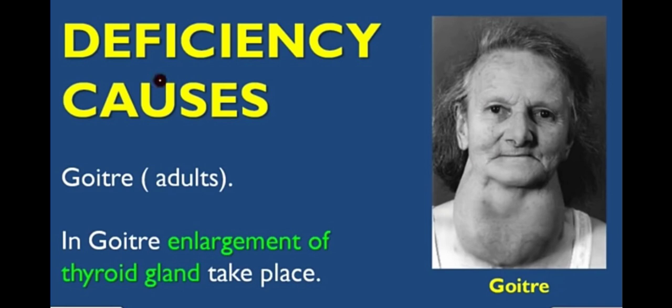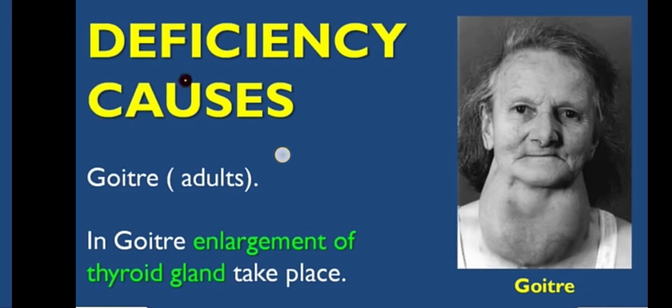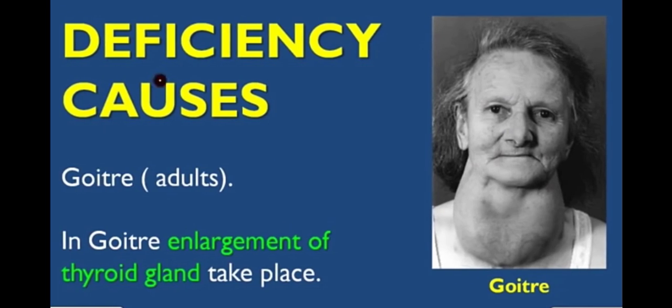In goiter, the enlargement of thyroid gland takes place. You can see in the figure the man is having goiter, that is his thyroid gland enlarges, it becomes big.